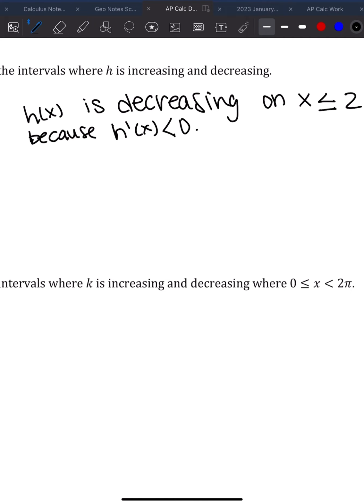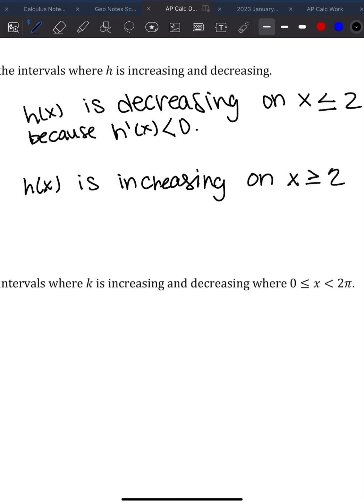So we just need to add that because that's the reasoning on why we did it. H of x is increasing on x greater than or equal to 2 because h prime of x is greater than 0.